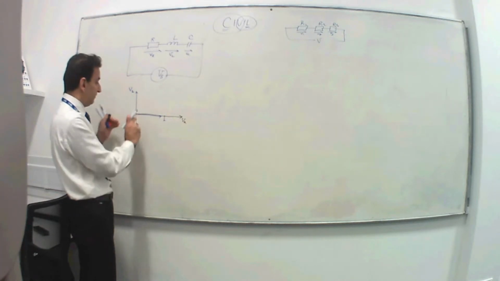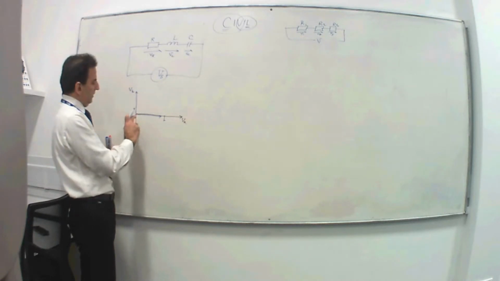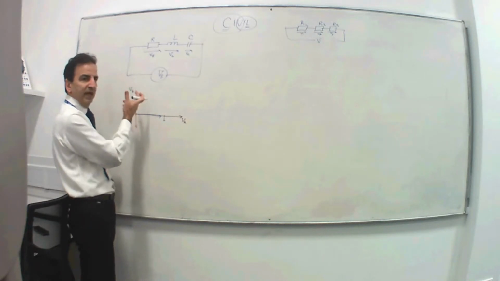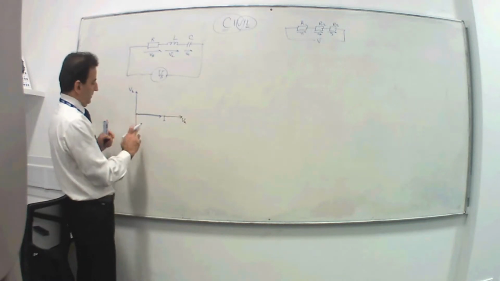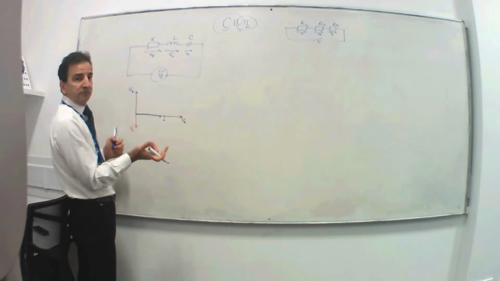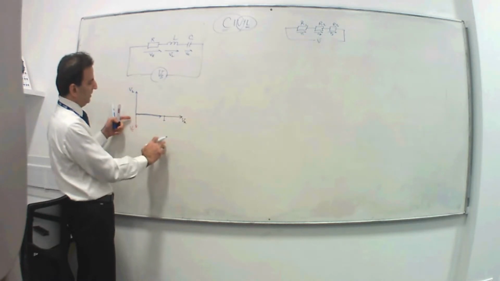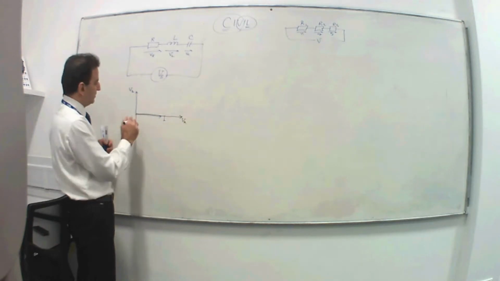You take one of them away from the other, the smaller away from the bigger. Usually you'll find VC is smaller than VL, or even XC is smaller than XL. But it might not always be the case. If this is bigger, your resultant will be down here. If that's bigger, the overall resultant will be positive.